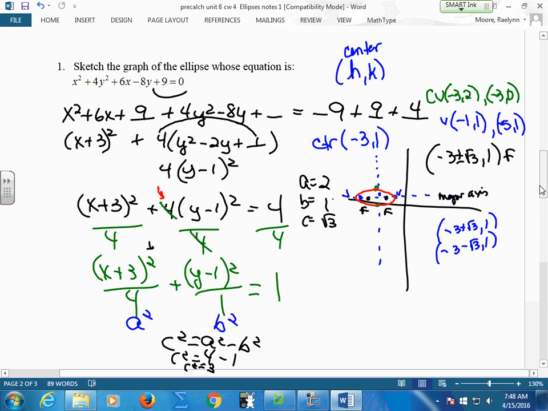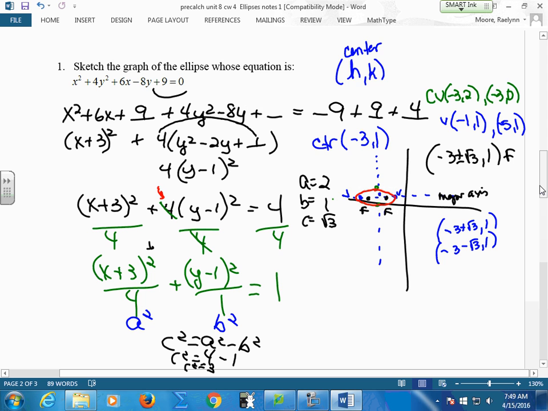So that's our ellipse. It's driven by the denominator, whichever is larger. Sometimes they will switch the numerators and put the y first. I'm not sure if in the homework there might be one that's switched. I have to check back. No, none of them are switched.